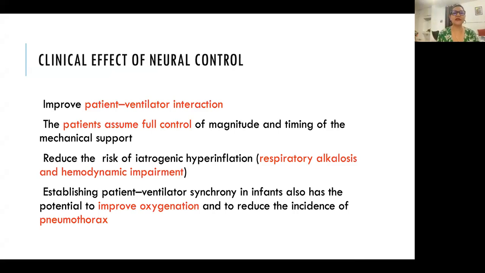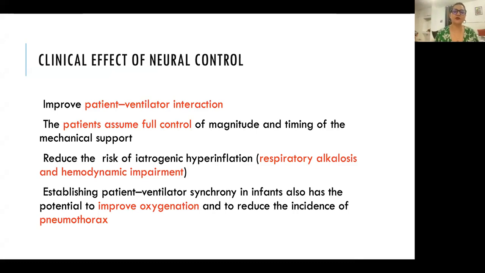So what is the clinical effect of the neural control? Of course, the patient-ventilator interaction is going to improve, and the patient is the one who is assuming full control of the magnitude and timing of the mechanical support. So how much you are diseased, that much you want, and that much the ventilator is going to give you.